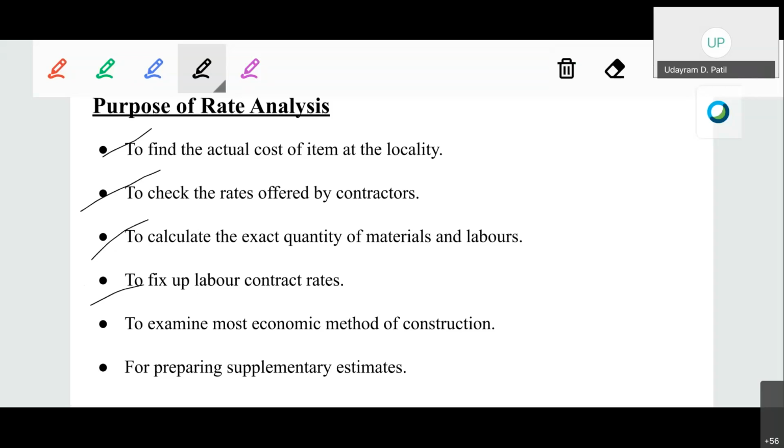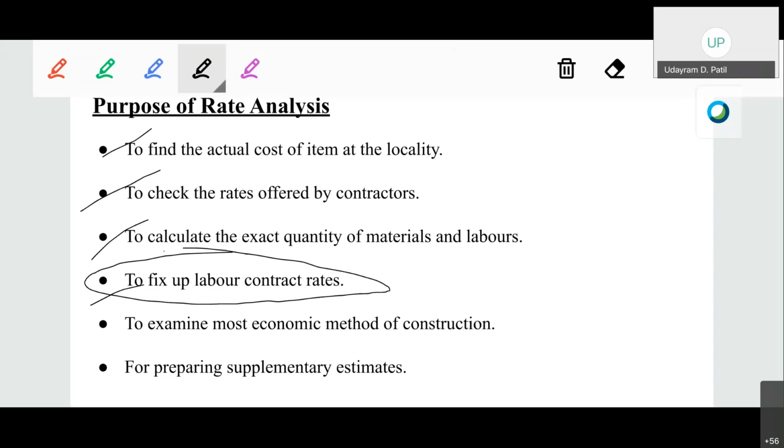Even though the per meter cube rate of the labor is given in the DSR, जसं लोकली लेबर आहे त्यांचे रेट्स कमी जास्त असल्यामुळे आपल्याला अगेन लोकली जे काही असेल ते फाइंड आउट करावं लागेल. सो to fix up the labor contract rate, we always do the rate analysis so that we will evaluate the bid provided by the particular contractor.